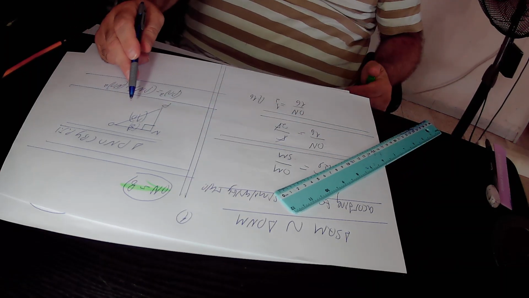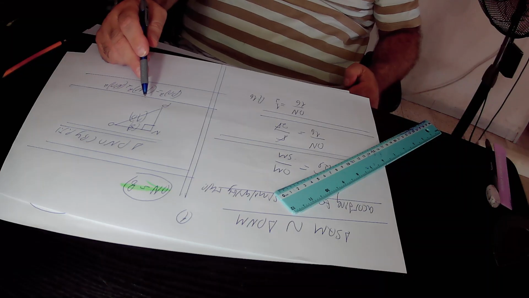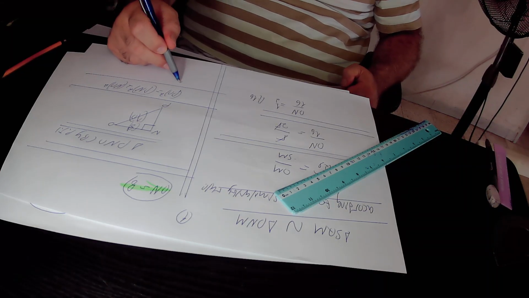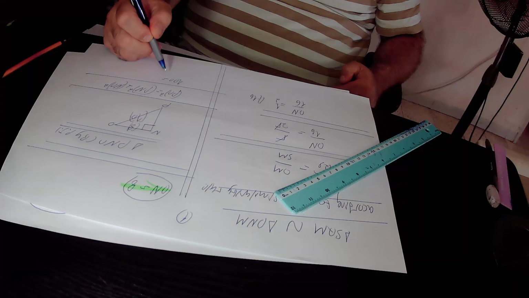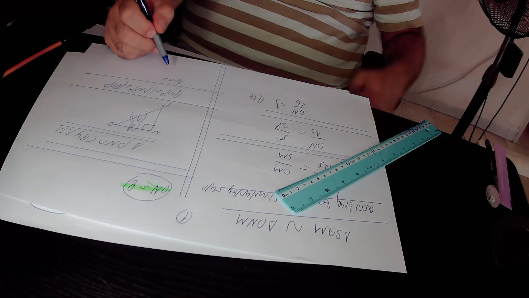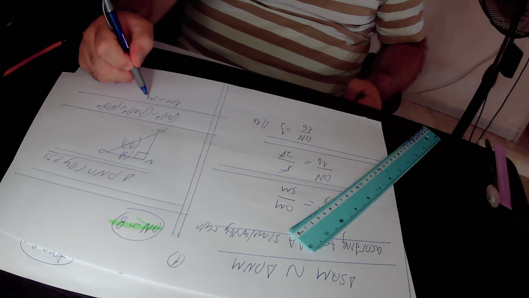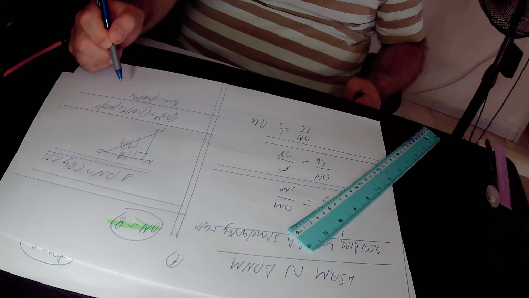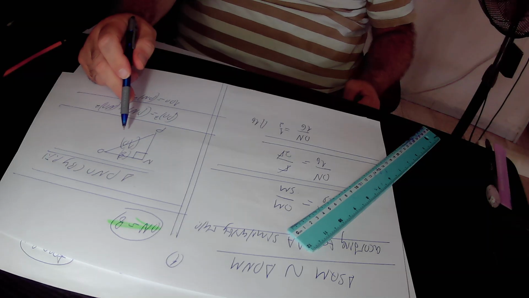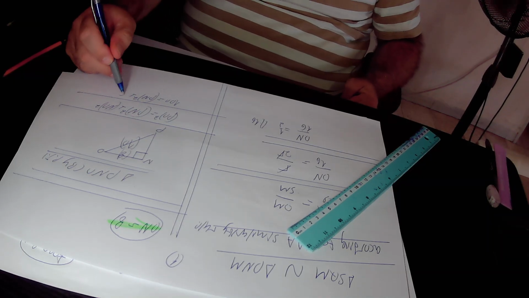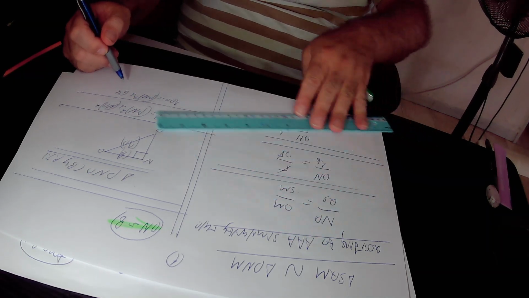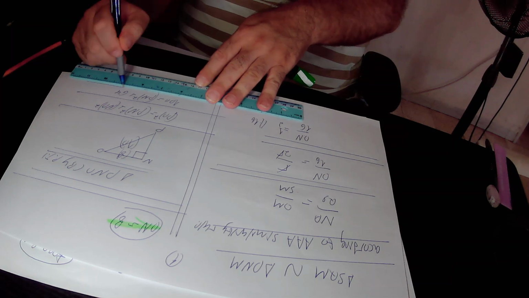The hypotenuse PO equals 10 units in length, therefore PO squared is 10 squared, that is 100. And it equals PN squared. PN is the missing side, so leave it as it is. Plus NO squared. NO equals 8, therefore NO squared is 8 squared, that is 64. So in total we found that 100 equals PN squared plus 64.